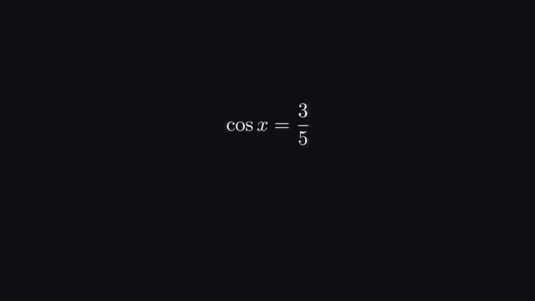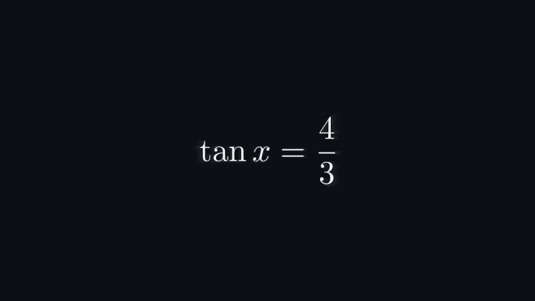Cos of x equals 3 over 5. Sin of x equals 4 over 5. We now have all the values we need.